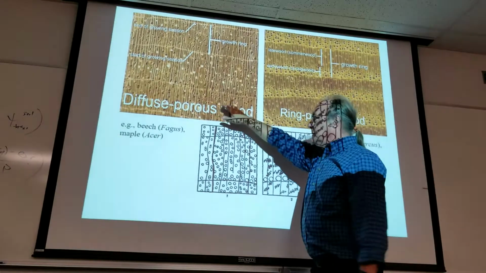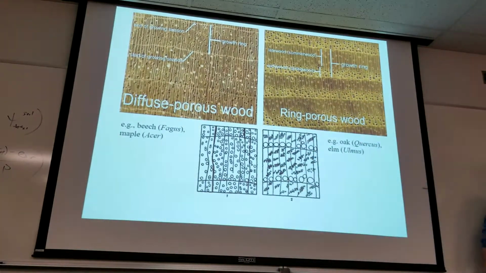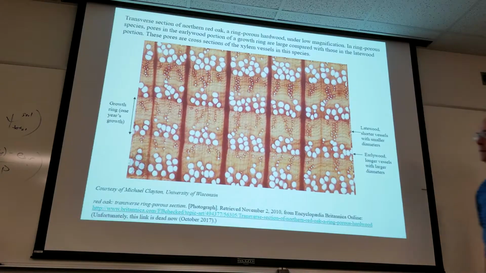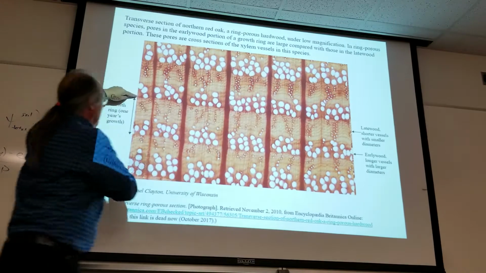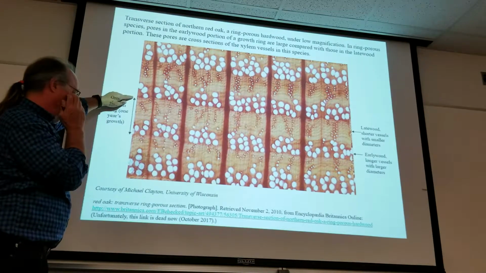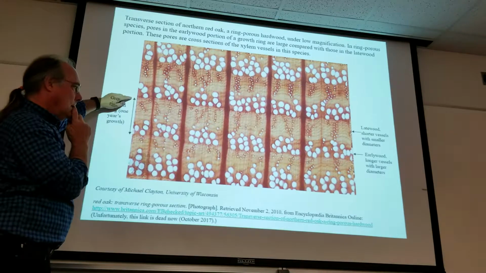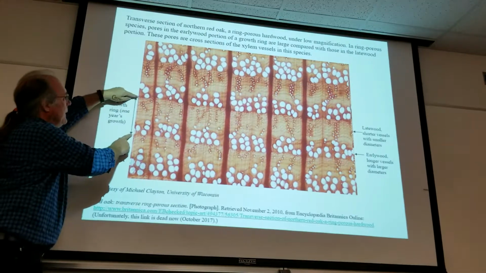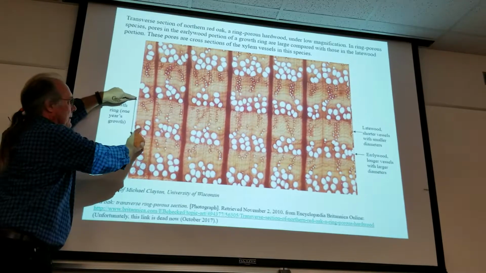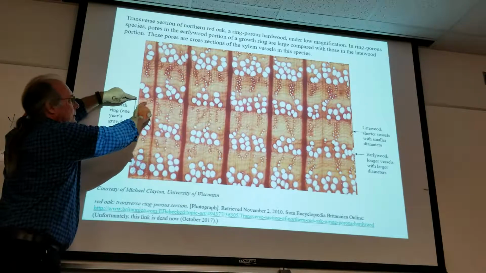And this has been a way of classifying different kinds of trees. Here's another example. Here's one year's growth in this red oak, I think. Northern red oak, yeah. So the vessels formed early in the summer are here, and late in the summer are here.